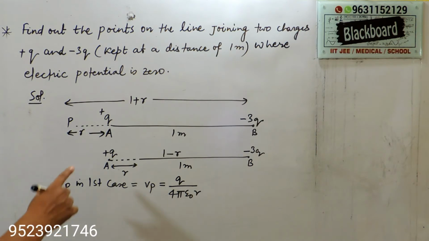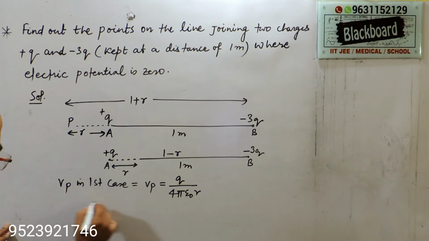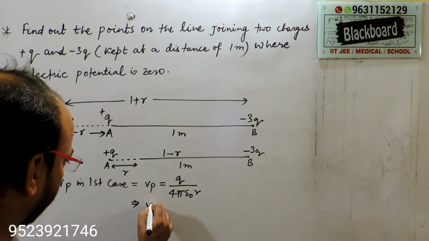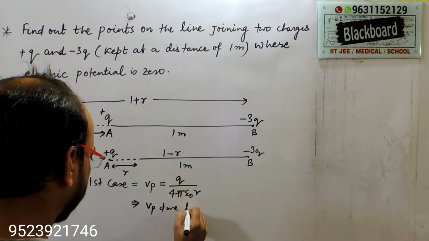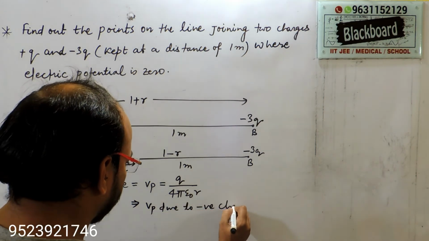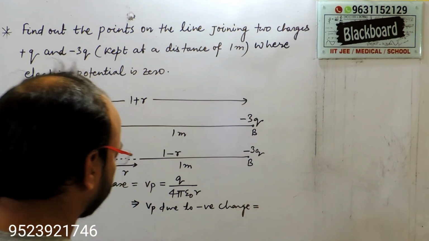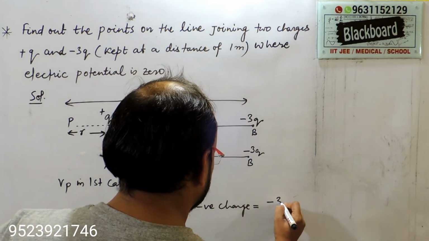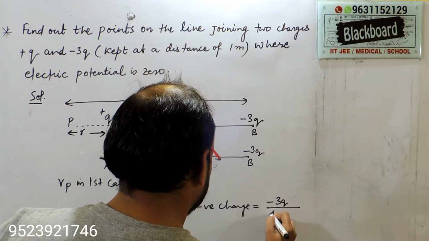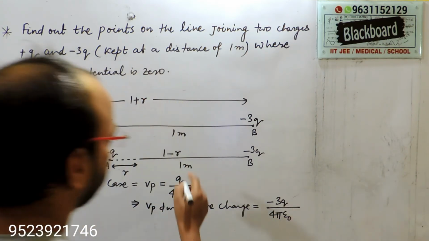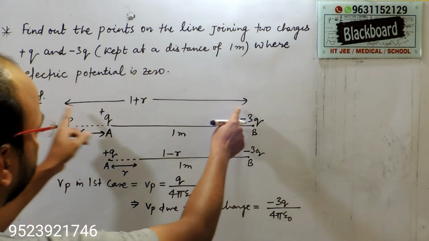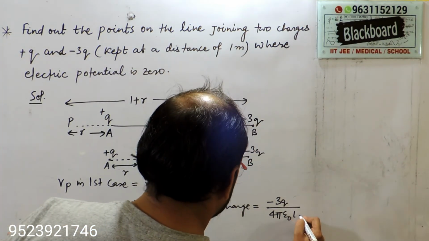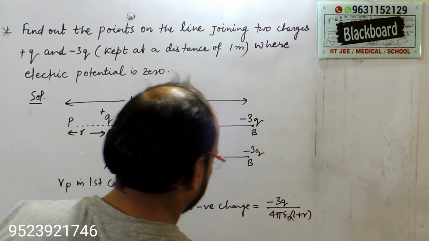The potential due to the negative charge is Vp equal to minus 3q divided by 4 pi epsilon naught, and the distance from the negative charge is 1 plus r, so this is 1 plus r.